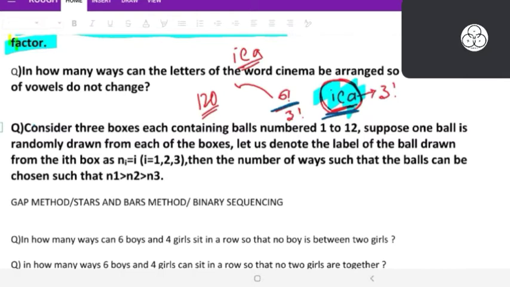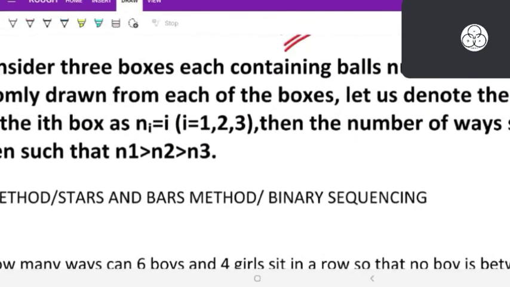Consider three boxes each containing balls numbered 1 to 12. Suppose one ball is randomly drawn from each of the boxes. Let us denote the label of the ball drawn from the ith box as Ni.